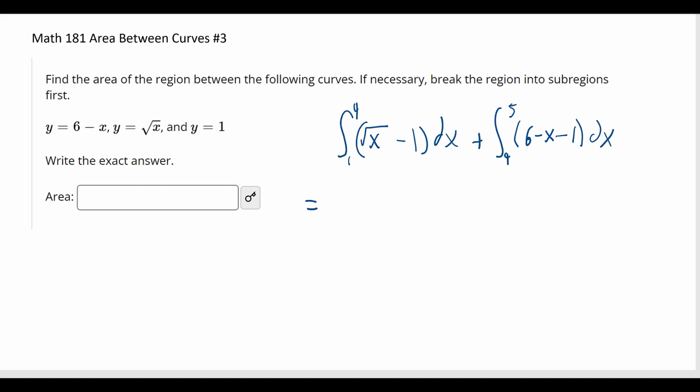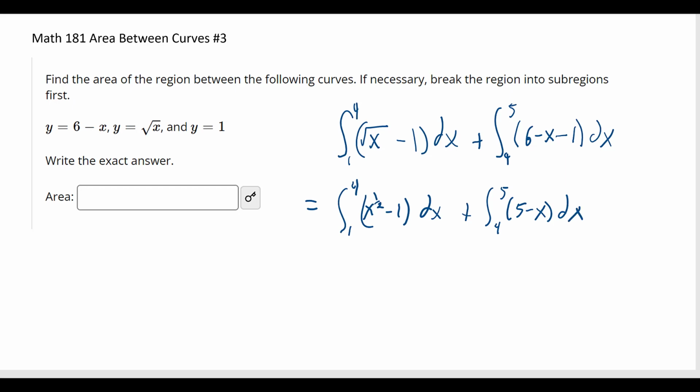So we have, I'm going to rewrite this a little bit, integral from 1 to 4 of x to the 1/2 minus 1 dx, plus the integral from 4 to 5. Now 6 minus x minus 1 is going to be 5 minus x.